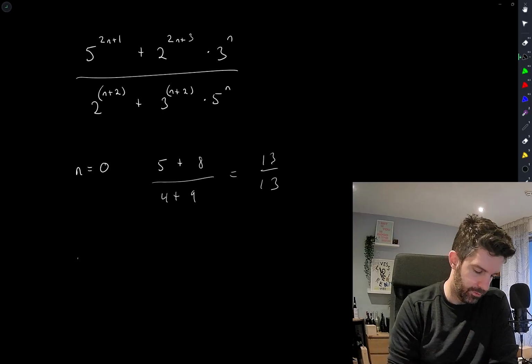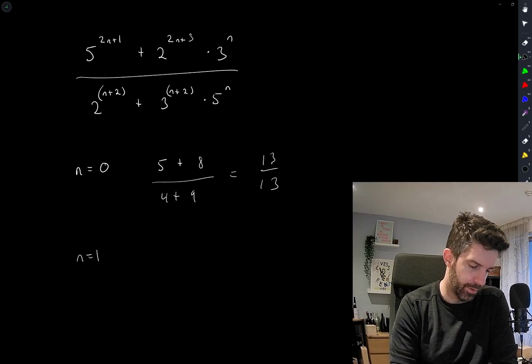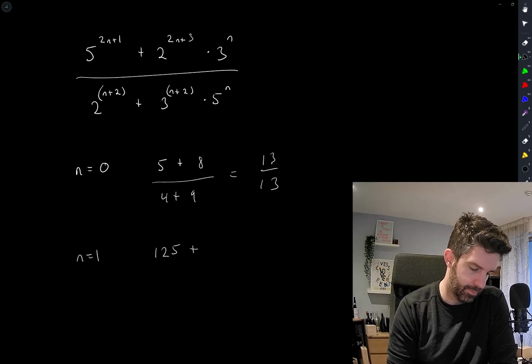Let's try with n is equal to 1. The numerator, 5 cubed, 125, plus 32 times 3.